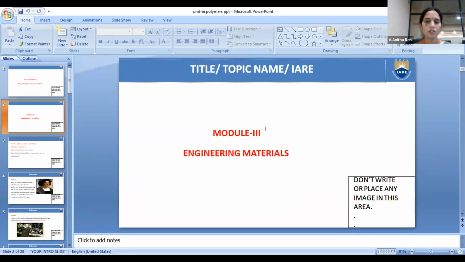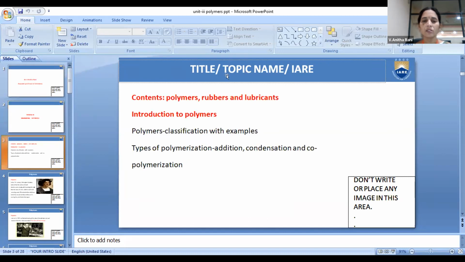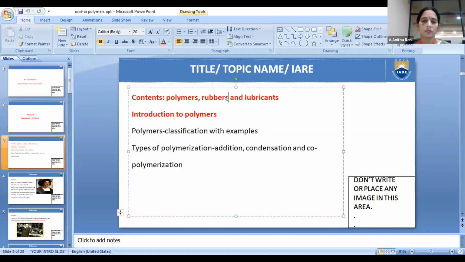Now write down, students, what we are going to discuss in engineering materials, but don't write this one. What we are going to discuss in engineering materials is polymers, rubbers and lubricants.